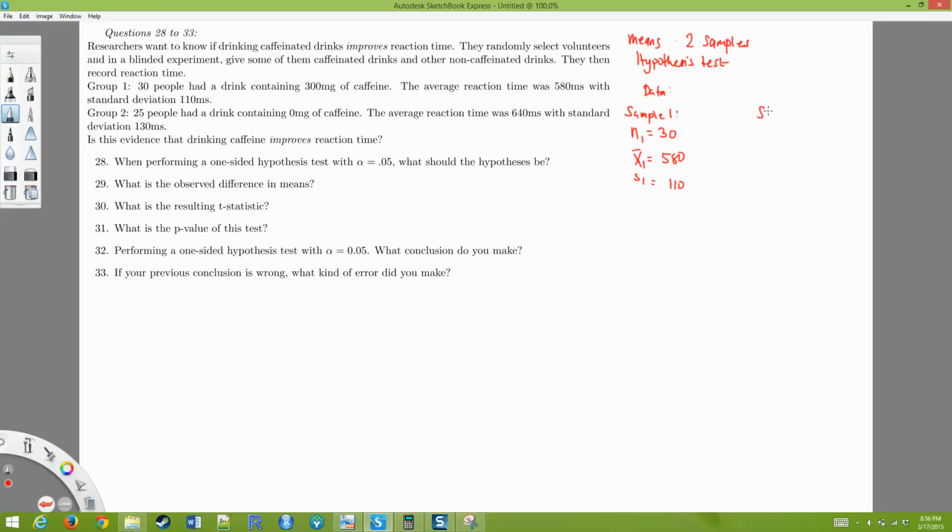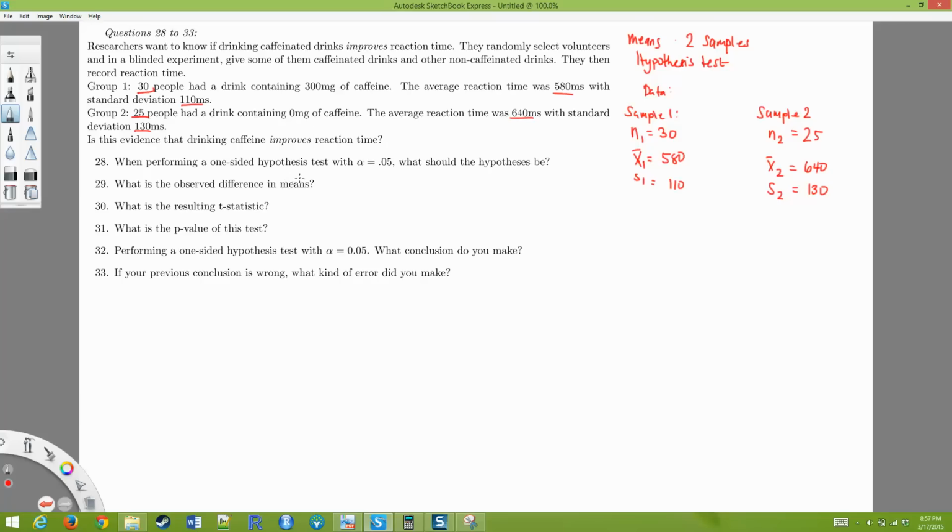Sample 2 has N 25, X bar 640, and S 130. Okay? 30, 580, 110, 25, 640, and 130. These numbers, 300 milligrams of caffeine and 0 milligrams of caffeine, are just distractor numbers. They're not part of the problem.